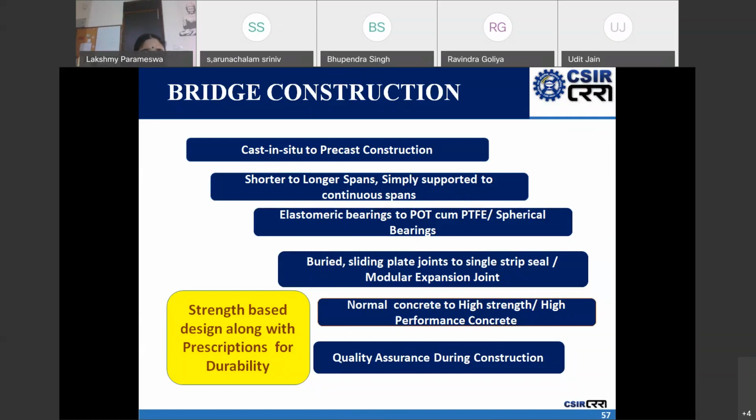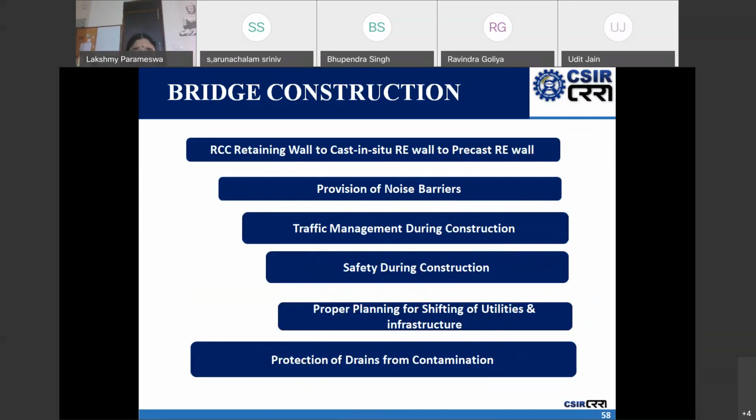Apart from that, rather than focusing only on strength, we are paying attention to durability. Not only that, quality assurance is very important during construction. Then RCC retaining wall to cast in situ RE wall to precast RE wall.